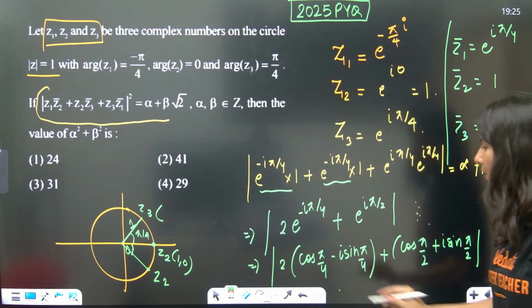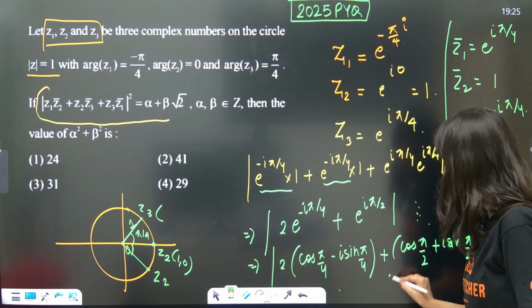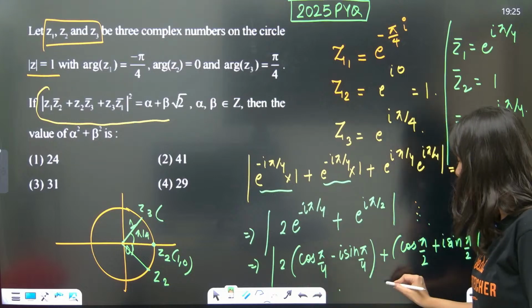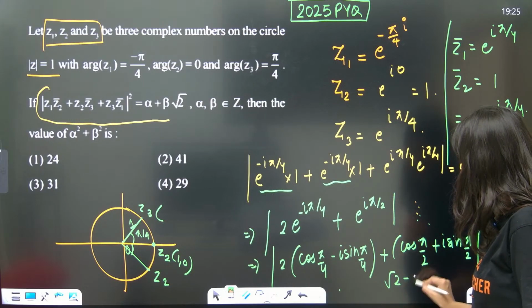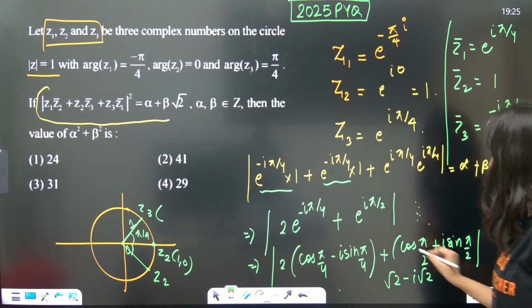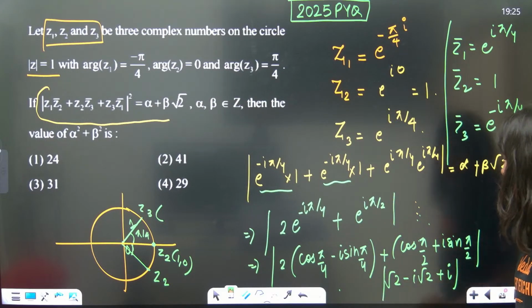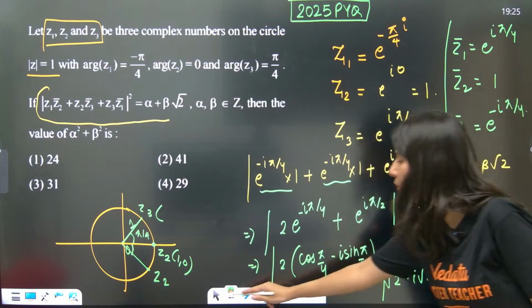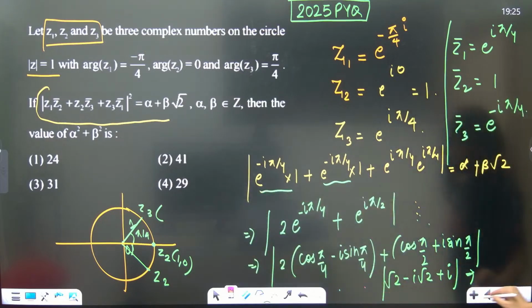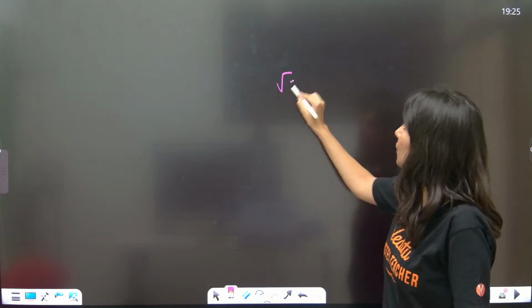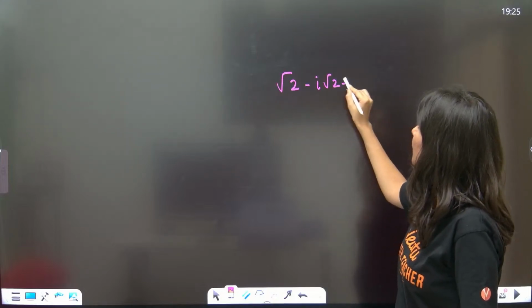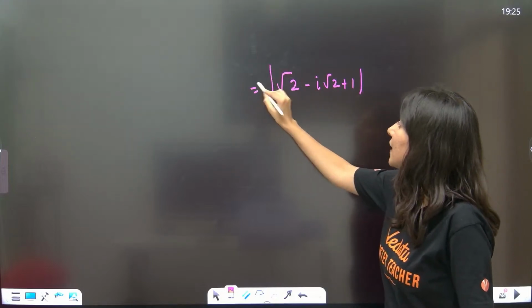Modulus squared. Now, this is 2 by root 2 minus... So 2 by root 2 will be what? Root 2 minus iota root 2. This is your 0 and this is your plus iota. Now if you calculate the modulus, what will you get? Tell me. See, root 2 minus iota root 2 plus 1. Calculate the modulus.